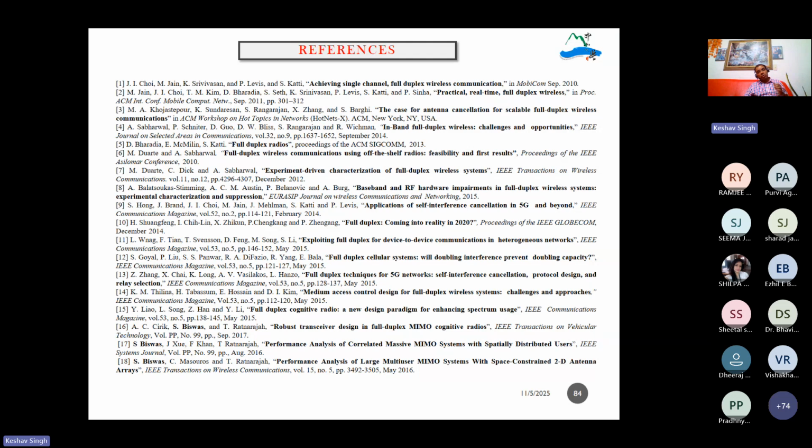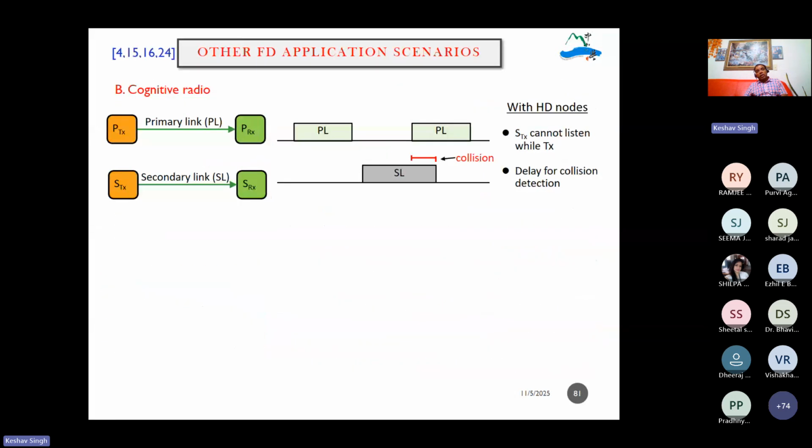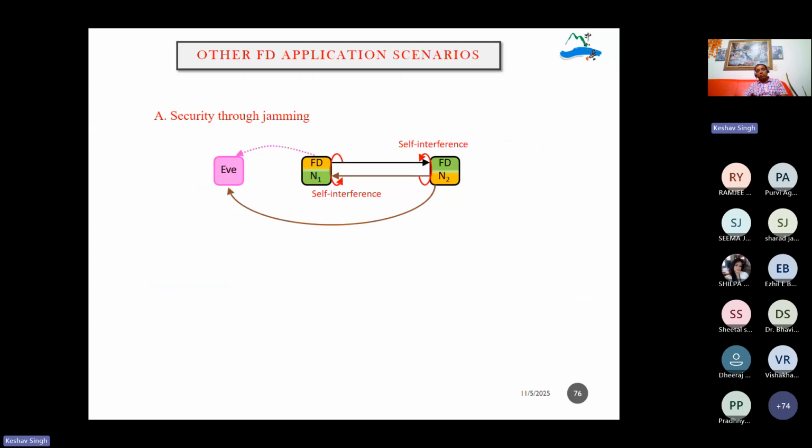That means efficient resource allocation in terms of precoder, power allocation, and also sub-channel allocation.